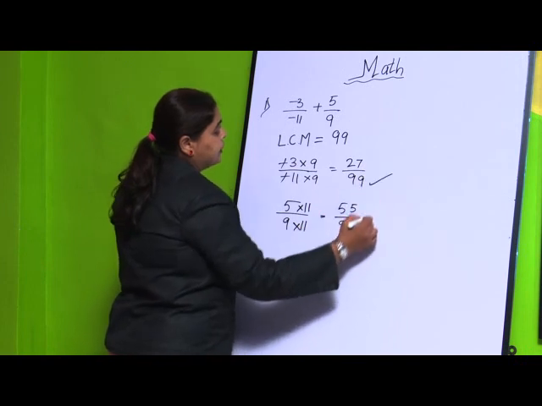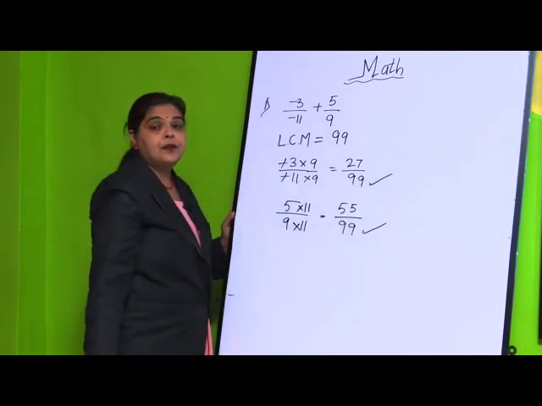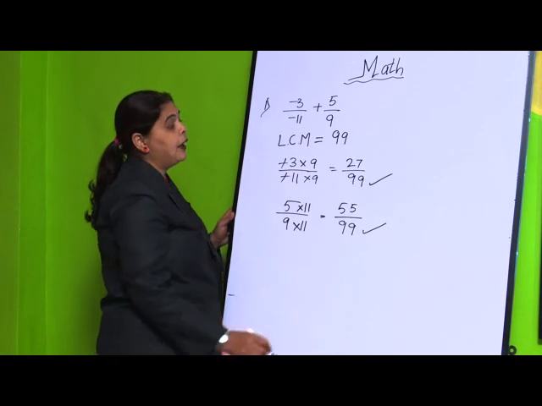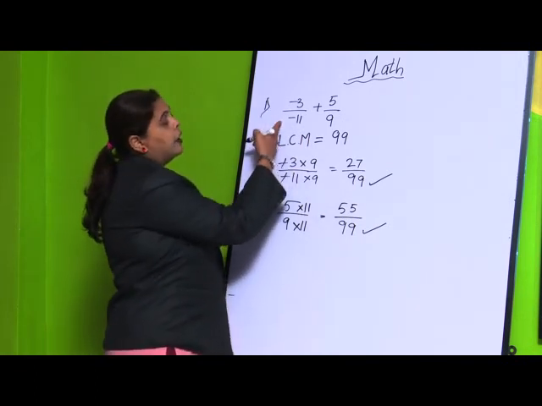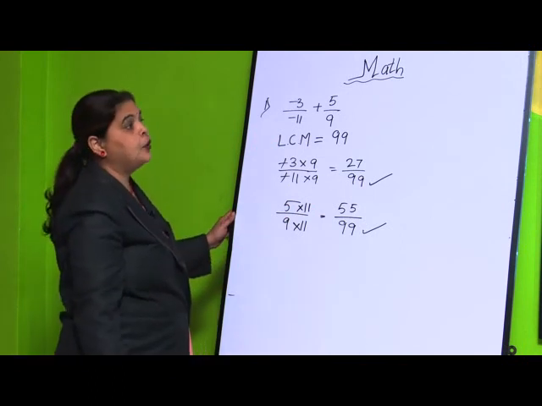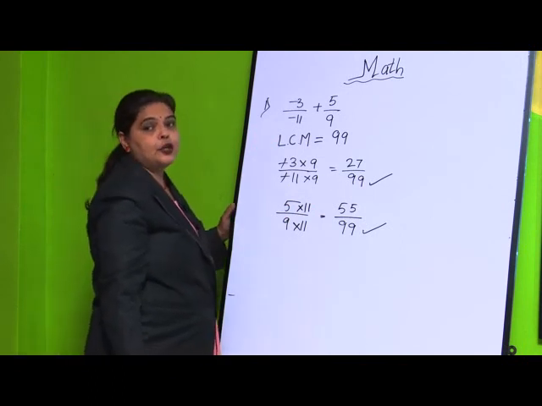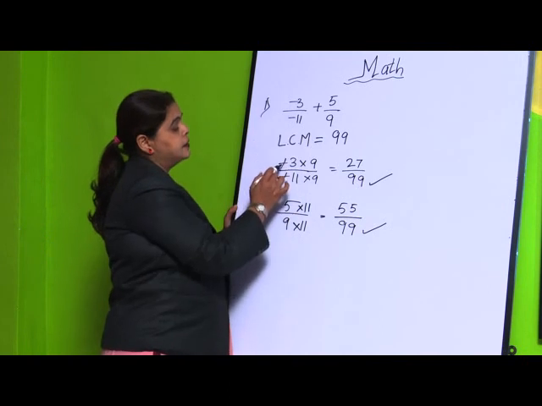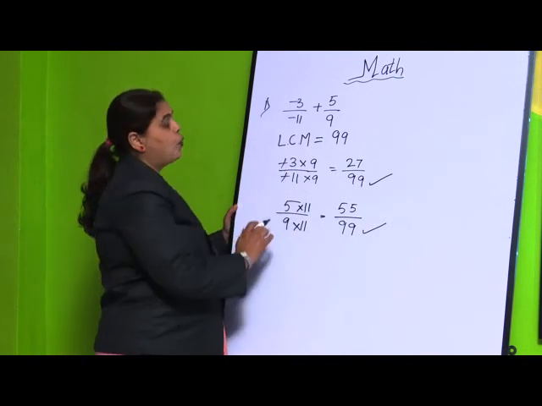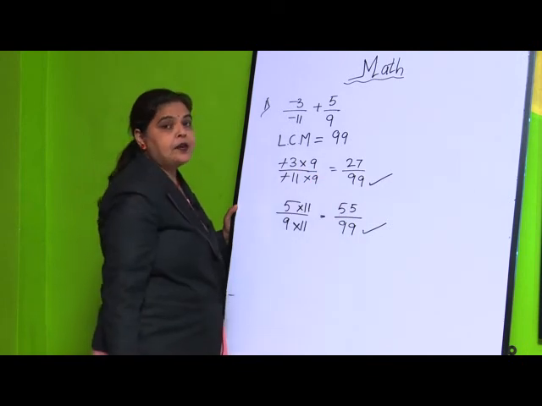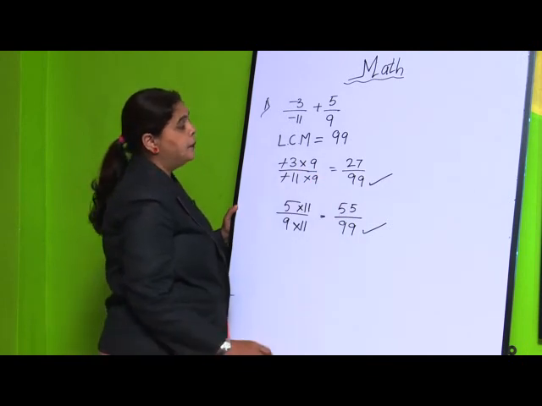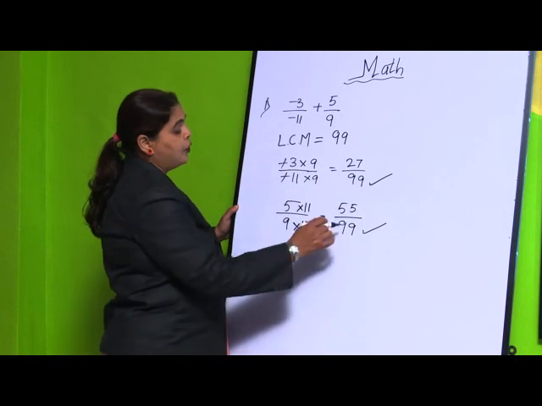Now you can see both the denominators are equal, so we can do any operation. We already had a subtraction in the numerator as well as in the denominator, so I cancelled it in the second step. So directly we can go for 27 upon 99 plus 55 upon 99.